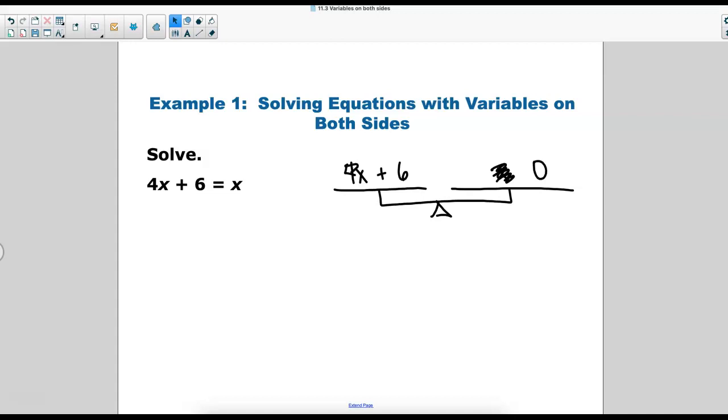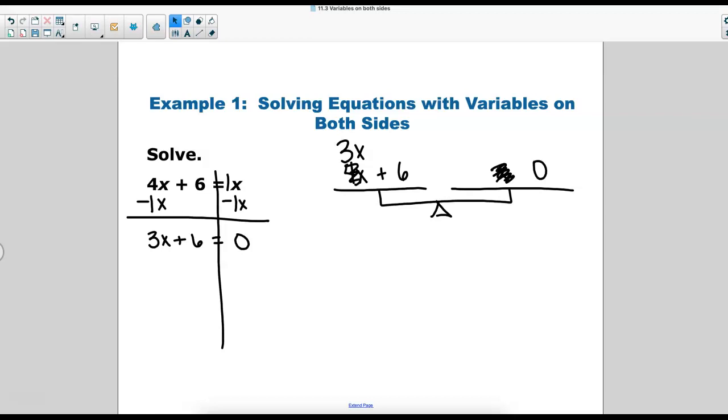Take an x off. So I have 3x. Agreed? So what happens in the equation, we're really doing the same thing. We're going to subtract a 1x from each side. Okay, that gives me 3x plus 6 equals 0.